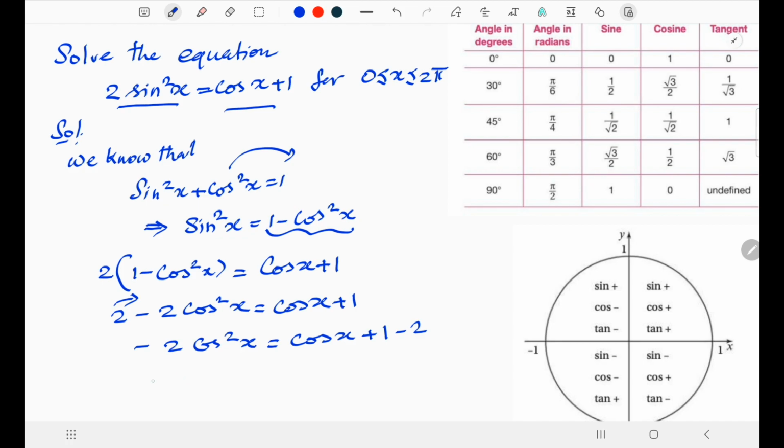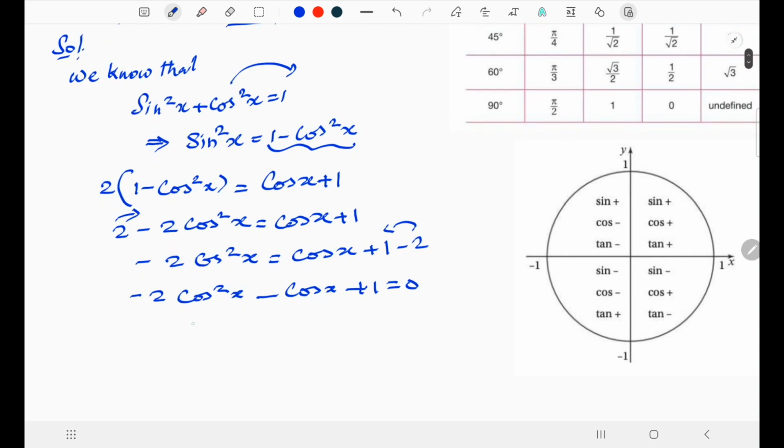Okay, now minus 2 cos square x minus cos x plus 1 equals 0, bringing cos x to this side. So minus 2 plus 1 equals minus 1. This minus 1 comes this side, it is plus 1. Now change the sign. 2 cos square x plus cos x minus 1 equals 0.